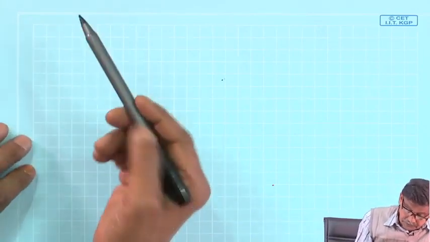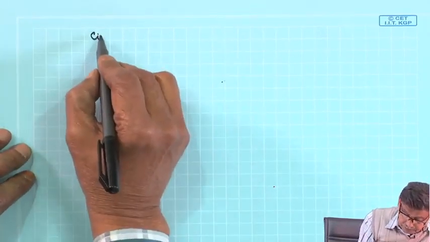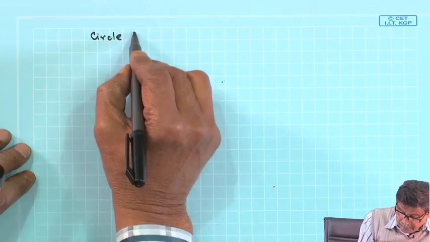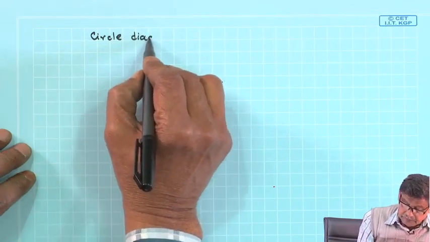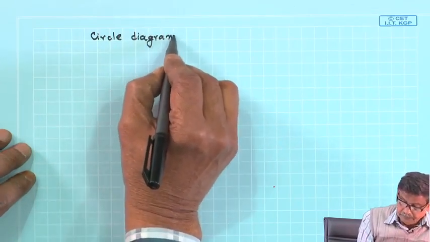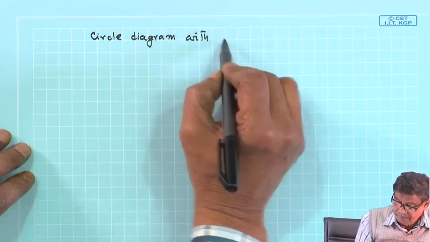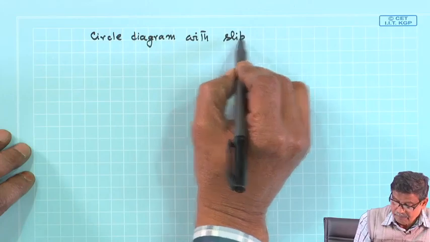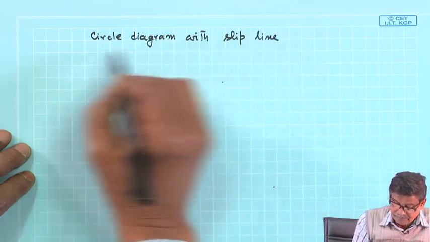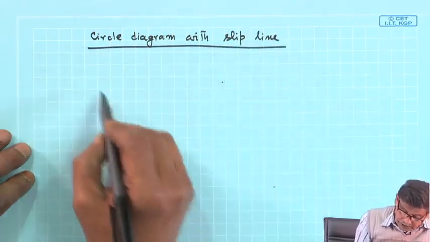That is, given a motor, you draw the circle diagram along with its slip lines. So, circle diagram with slip line.